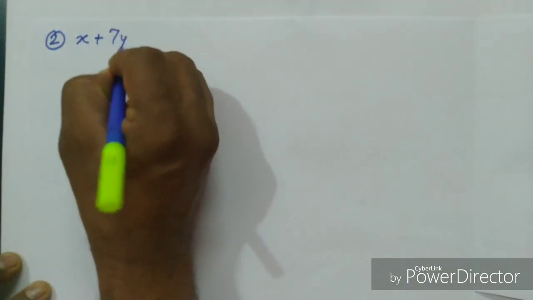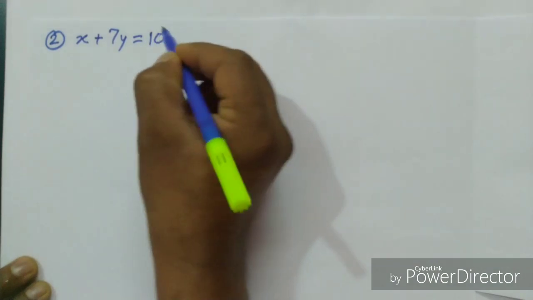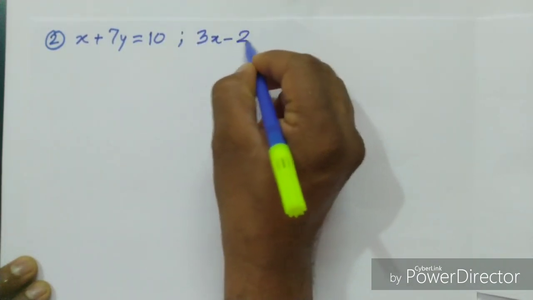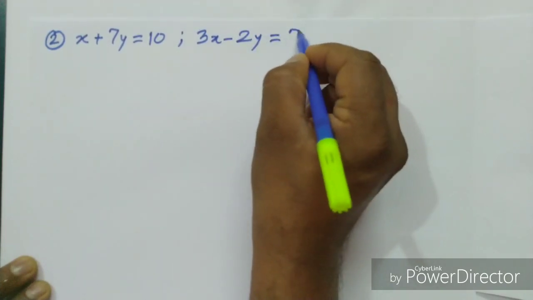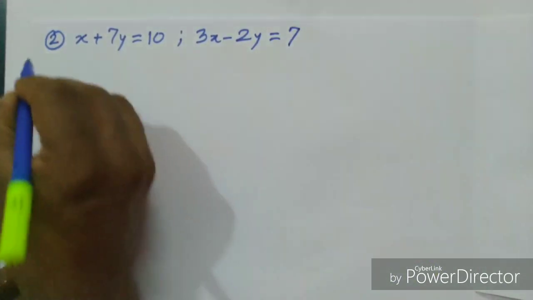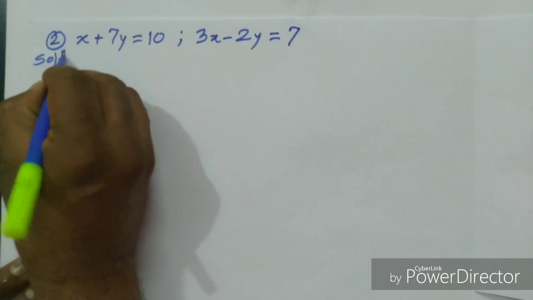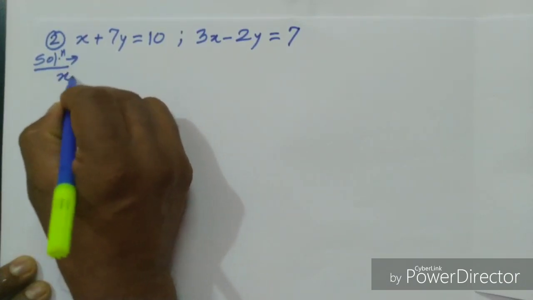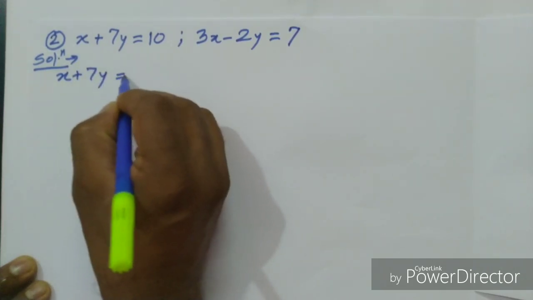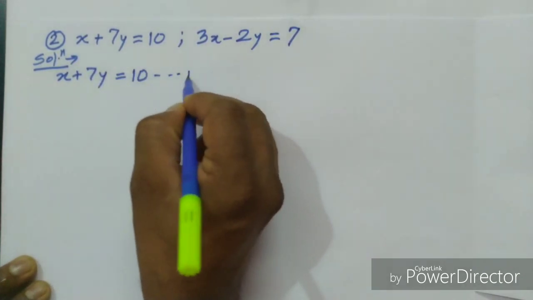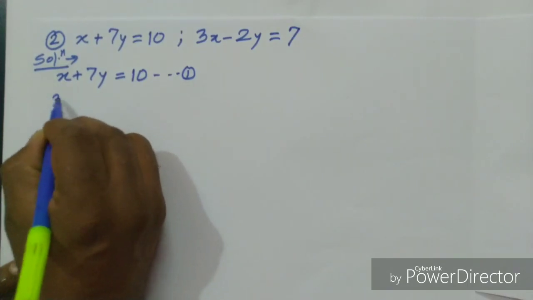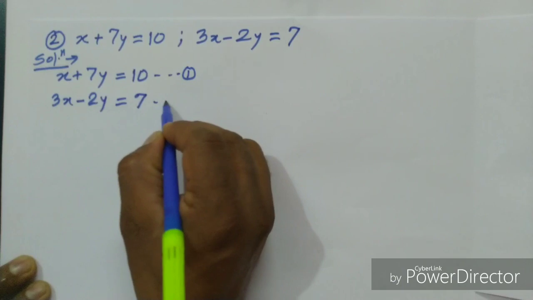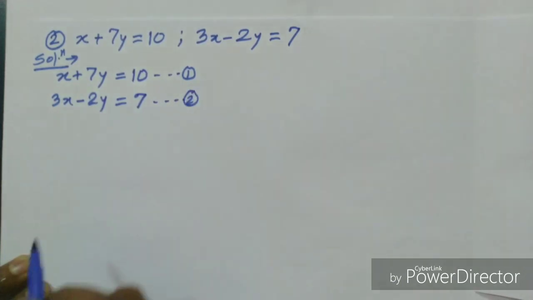Second example: x plus 7y is equal to 10 and 3x minus 2y is equal to 7. Solution: x plus 7y is equal to 10, equation 1. 3x minus 2y is equal to 7, equation 2.